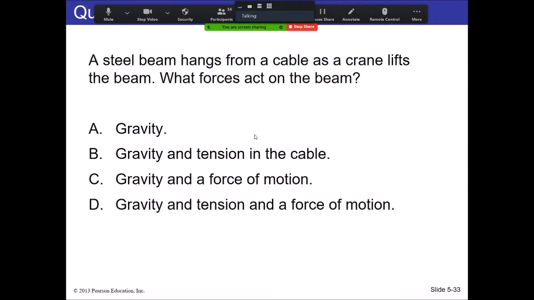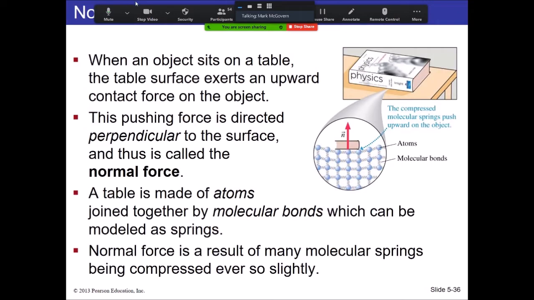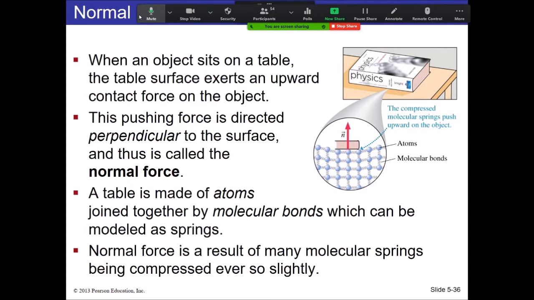Okay. Normal force. Now the word normal is a strange word, right? Normal, like a regular force? No, normal mathematically means perpendicular. It does not mean normal, it means perpendicular to.